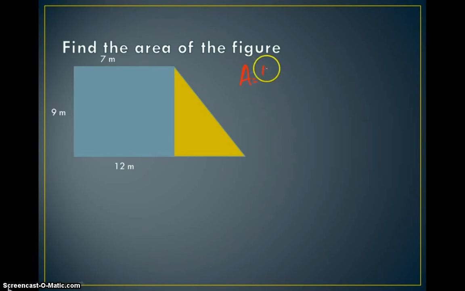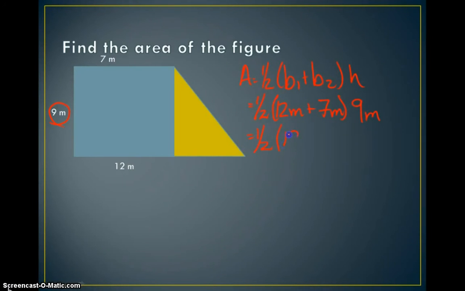The area is equal to 1/2 B1 plus B2 times H. I copy down my 1/2. My base 1 is 12 meters. My base 2 is 7 meters. And my H is this 9 meters over here. Again, following the order of operations, I take my 12 plus my 7 first.